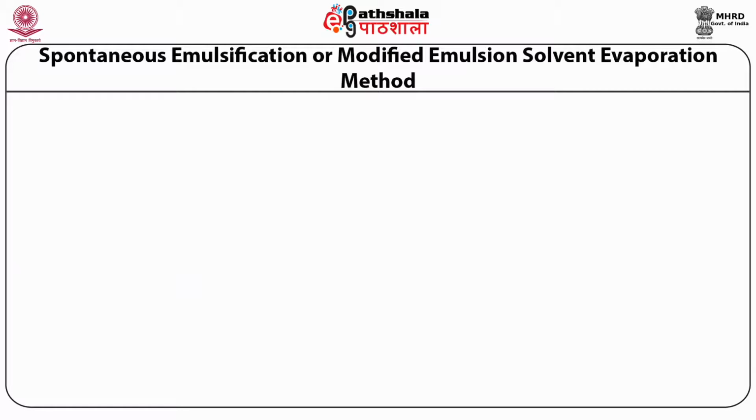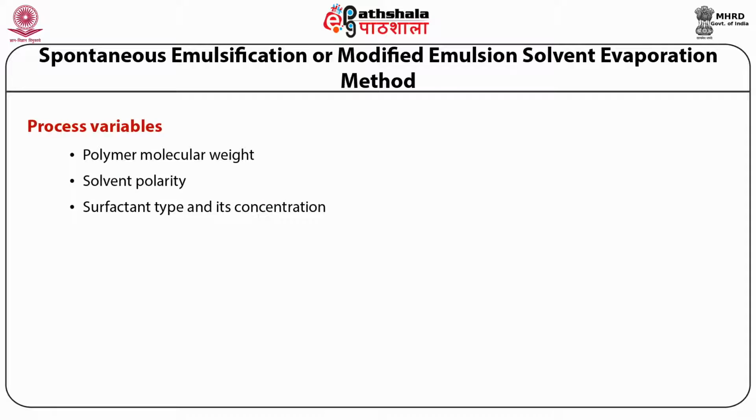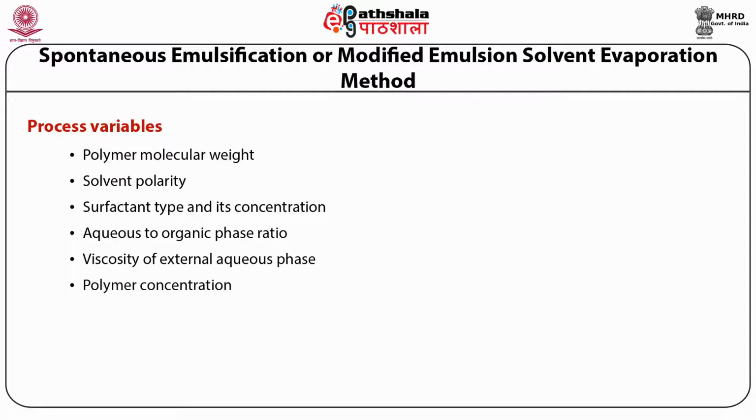Now, let us discuss the process variables which affect the efficiency of the spontaneous emulsification or modified emulsion solvent evaporation method. The first process variable is polymer molecular weight, second is solvent polarity, third is surfactant type and its concentration, fourth is aqueous to organic phase ratio, next is viscosity of the external aqueous phase, polymer concentration and stirring speed.